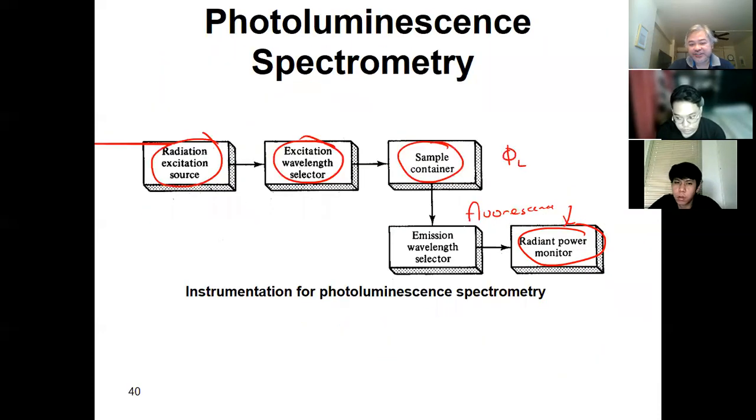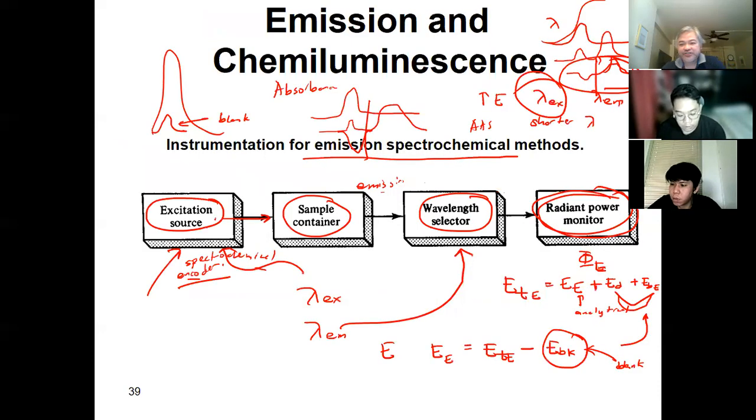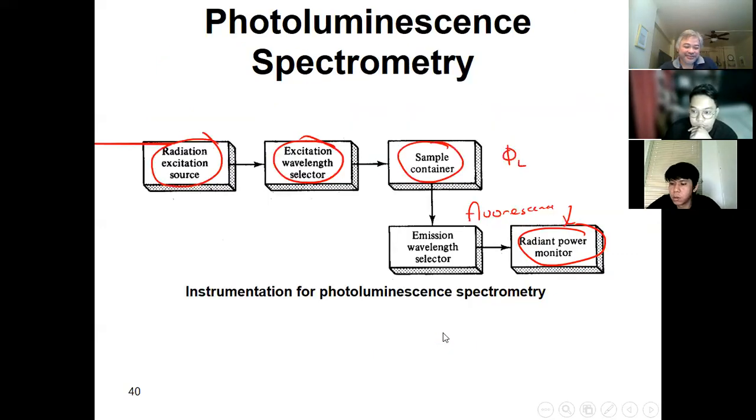Kasi usually excitation source mo sa AAS yung plane. Okay? You put the sample and then you look at a certain wavelength kung ano yung element na gusto mong tingnan. Okay? So this is more on the fluorescence that you have here.